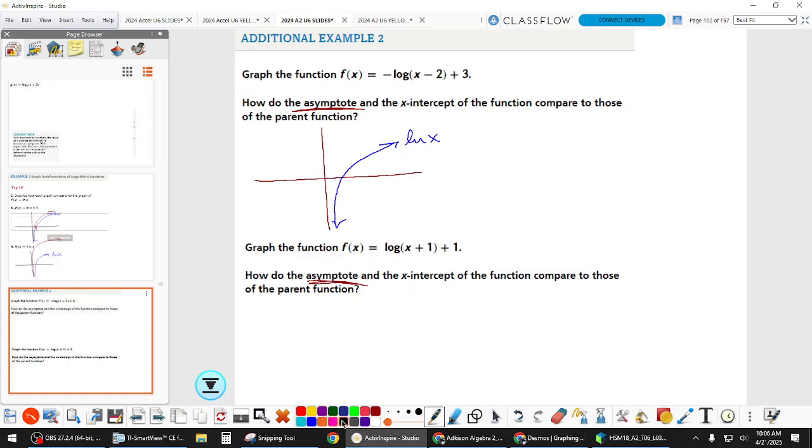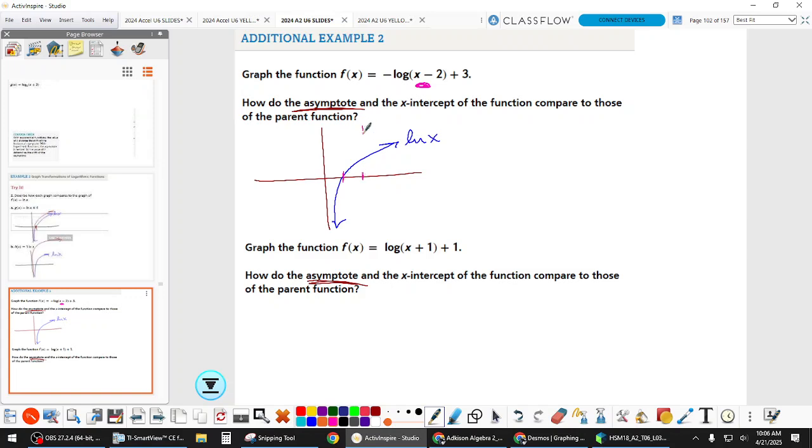Yeah, that was the parent. Okay. So in terms of this one, what does the negative do out front? Yeah, so it's going to do that kind of thing. Okay, but it's also going to move around. Where does this x minus 2 move it? Which way? Right. To the right, good.